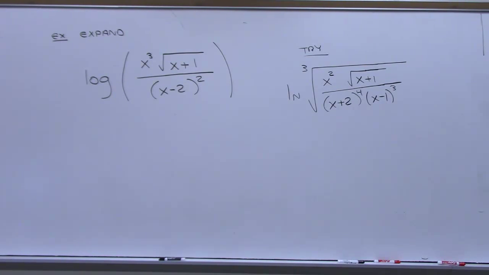Now I'm going to separate this, but does the 1/3 go to both? It's going to follow you the whole way. It'll go to everything. So it's going to be 1/2 ln of that, plus 1/3 ln of that, or minus. Do the division first.